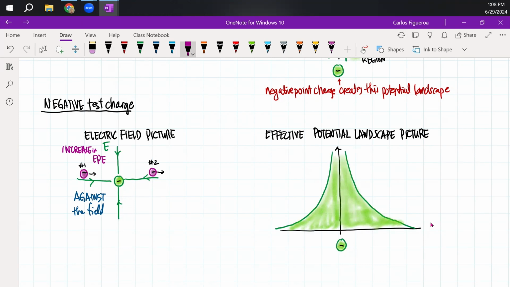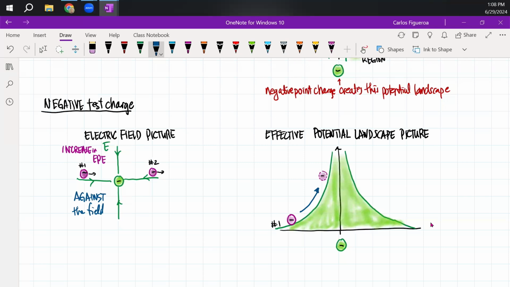So in this case, we have our negative test charge. It's starting right here, and it's going to go up to here. I'm seeing that this negative charge, which is charge number one, is going up the hill.